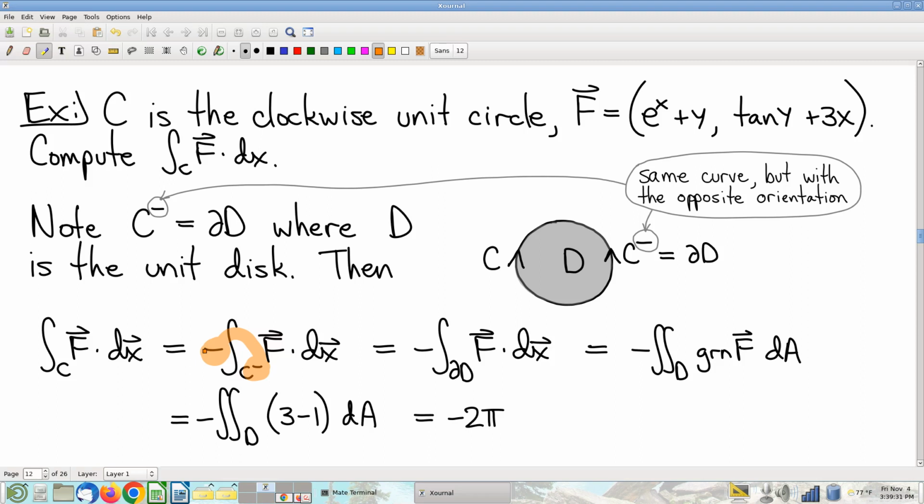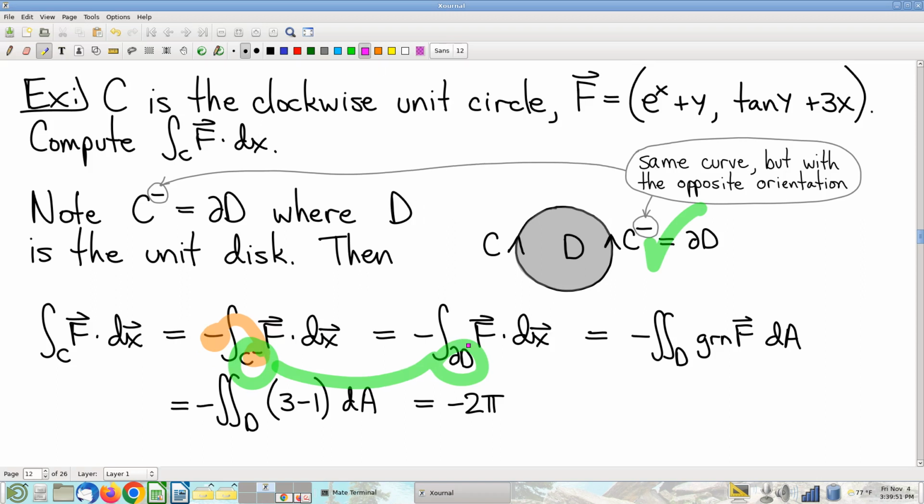First observation. Second observation to make is, as noted here, that curve is indeed a boundary. C minus is a boundary of a two-dimensional region. And with that set up, now I can finally invoke Green's theorem in regards to this integral right here.